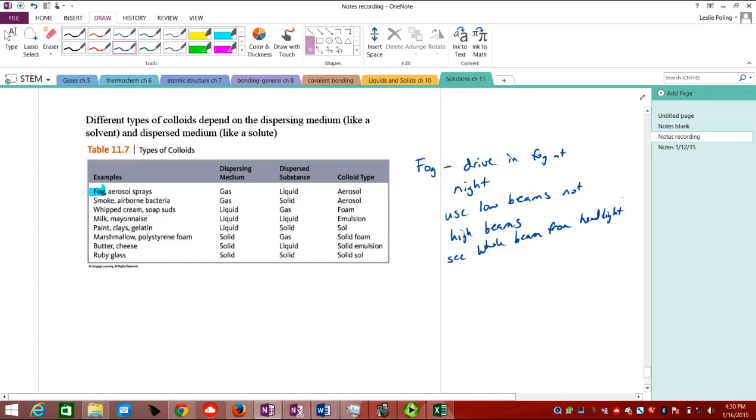So using high beams, instead of actually seeing where you're going, you just see the beam of light.